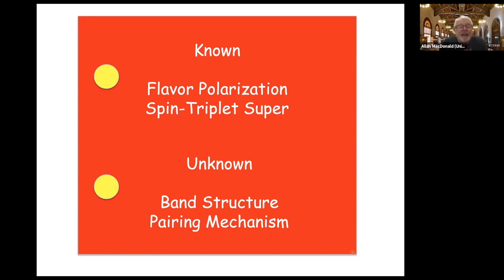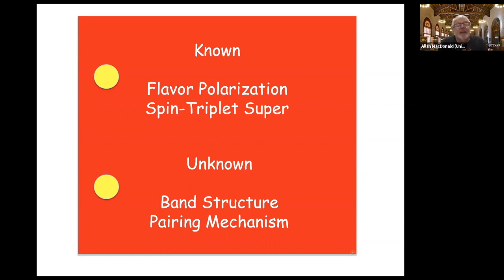Okay, so now, with that prelude, I'm going to switch to talk mostly about twisted bilayer graphene, and the flavor-dependent topological properties of the bands are going to be very important. There are two things that we know mostly from experiment, although they're also very natural from a theory point of view.